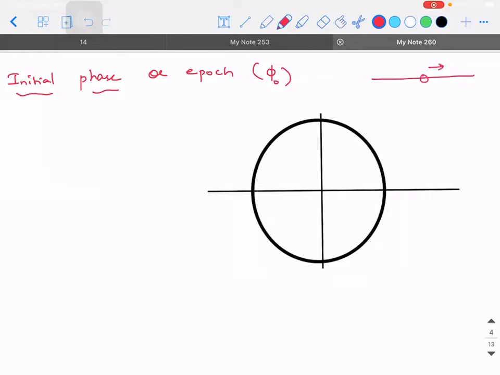See, let me ask you one question. If there is a particle which is oscillating, is it moving in a linear path or a curved path? When a particle is oscillating, let's say there is a particle like this, it is going to the right extreme, again coming back, going to the left extreme, again coming back to the mean position. Is it moving in a straight line path or a curved path?